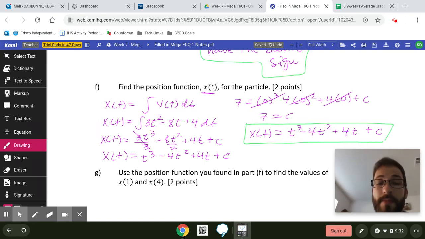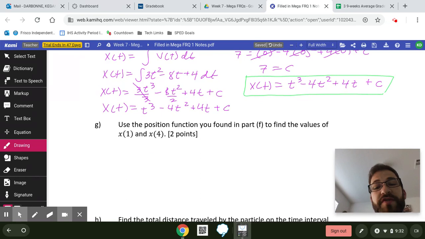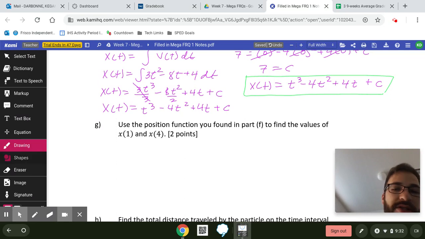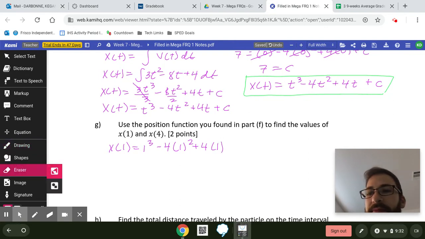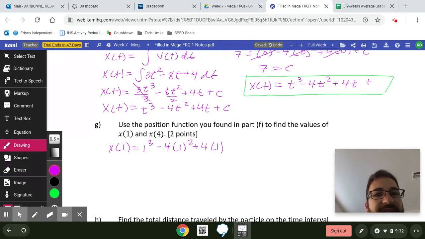Just like that. Hey, now part G, we're going to use the function you found in part F to find the values of x of 1 and x of 4. Well, that's easy. I just need to plug in 1 and 4. So now that I have 1 and 4, x of 1 is equal to 1 cubed minus 4 times 1 squared plus 4 times 1. Oh, I forgot. I need to actually write the 7 in my answer.